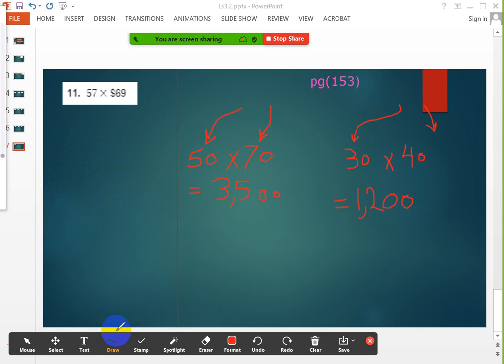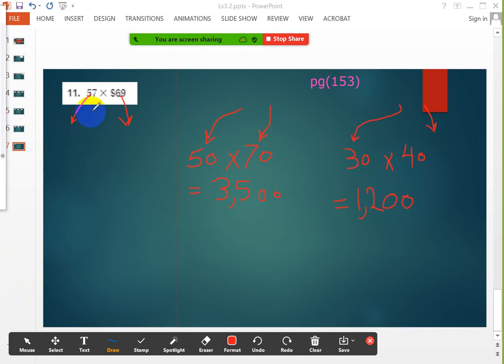Okay, first thing, I want you to round the numbers to the nearest 10. 57, round it to the nearest 10. Before the tens, what do I have here? Before the tens, I have 7. Is 7 less or greater than 5, Shahad?